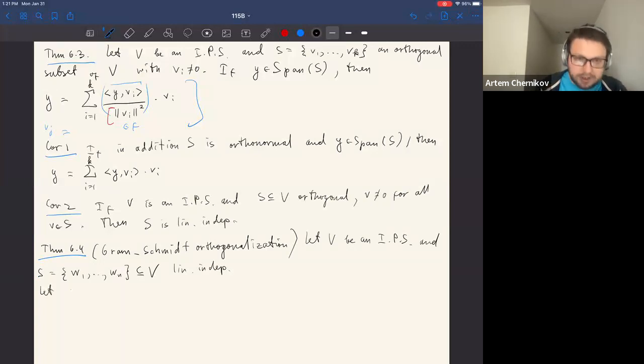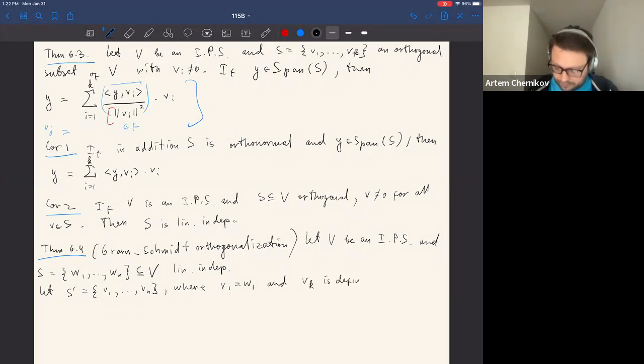Then we let S prime be the set V1 through Vn, where the first vector V1 is simply W1, and the vector Vk in this list is defined recursively as follows.